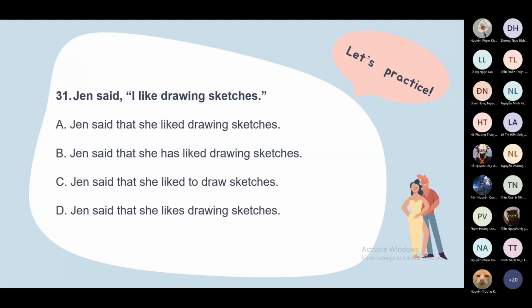Does anyone know the answer of this question? Jane said, "I like drawing sketches." So I see Tanja is raising her hand. Can you answer this question?